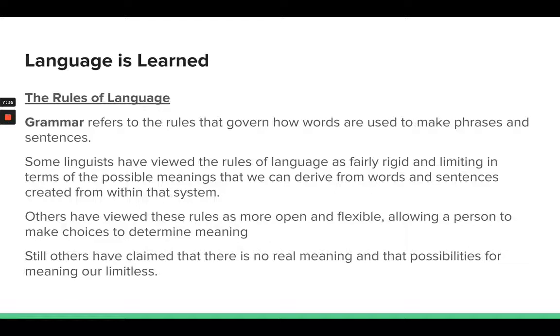So think about that. I think for most of us, we would respond more to the linguists who say there's a very structured system and we must abide within that system. Because if you deviate too far beyond that, think about the difficulties when it comes to communicating. You're talking about even within your own language, not to mention the challenges we have when communicating with others who do not speak our language or aren't originally English speakers.